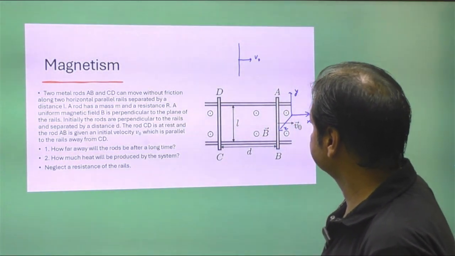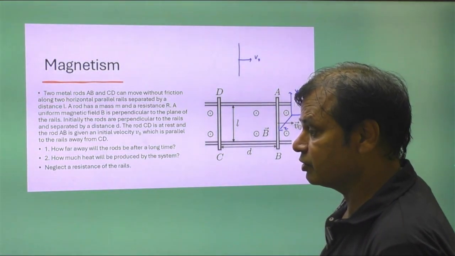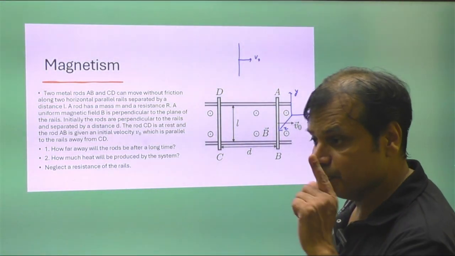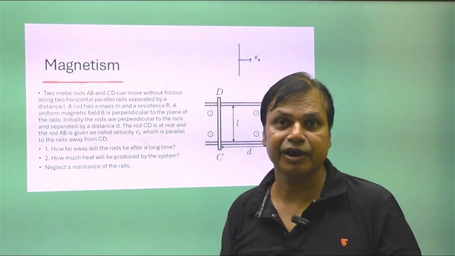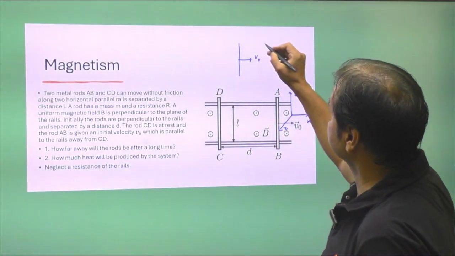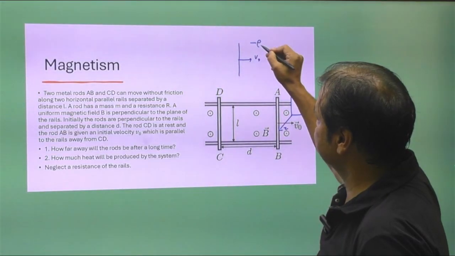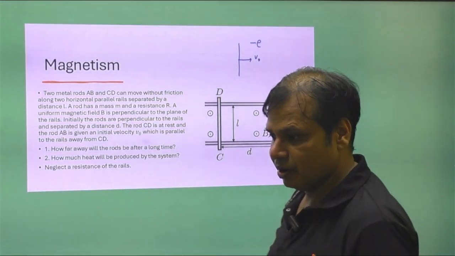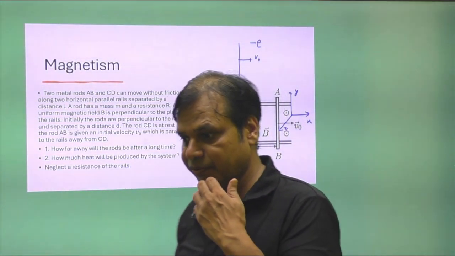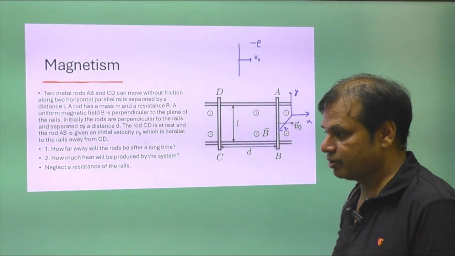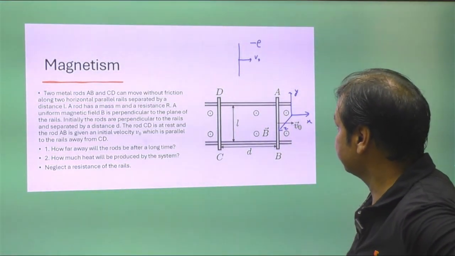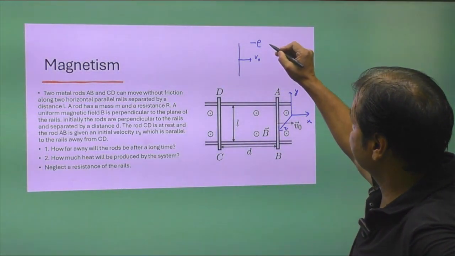The electron in turn is bound to experience a magnetic force, which would be minus e V cross B. Minus e is the charge of the electron, V is the velocity vector, and B is the magnetic field vector.